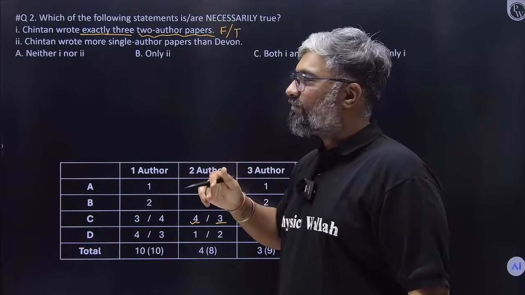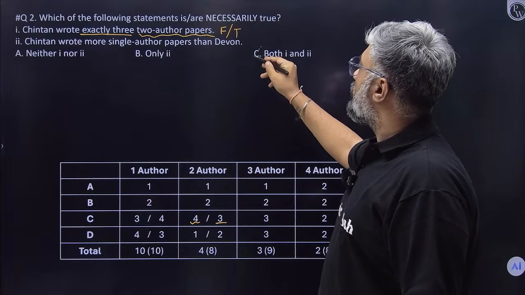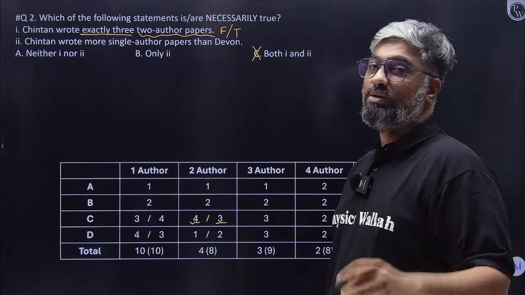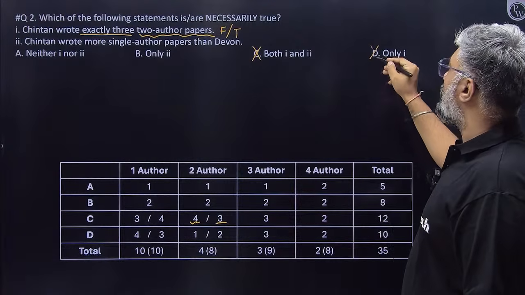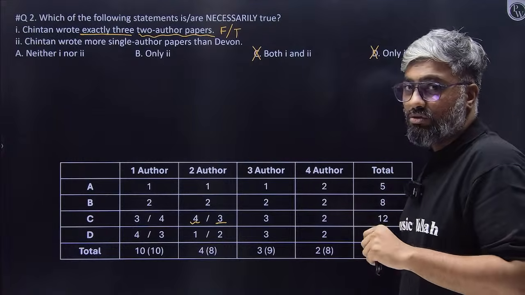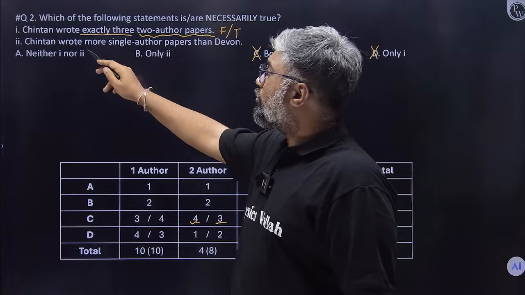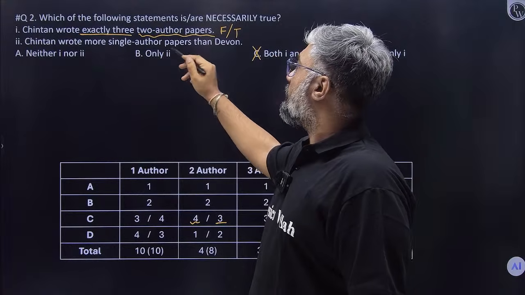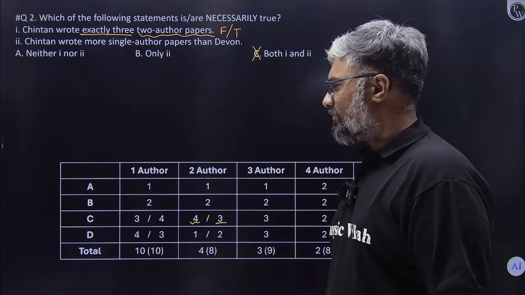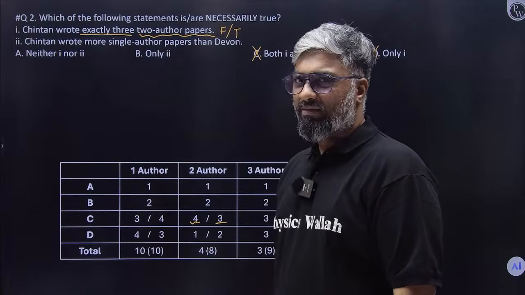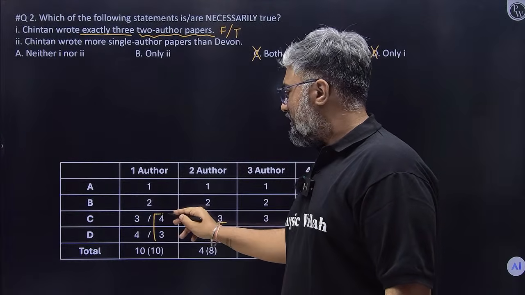We don't want this. So I am going to remove option C because it's saying both 1 and 2. So 1 is true, it is saying. And I'll remove option D also because it's saying only 1 is true. Now let me look at the second one. Chintan wrote more single author papers than Devon. In this case, it is true.